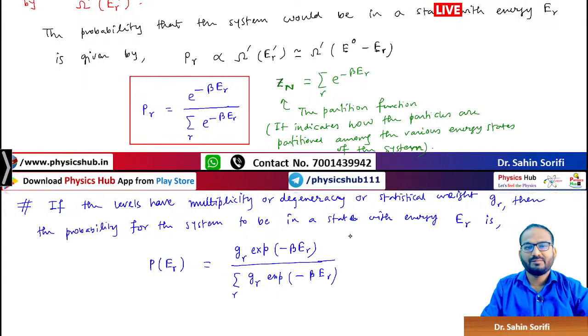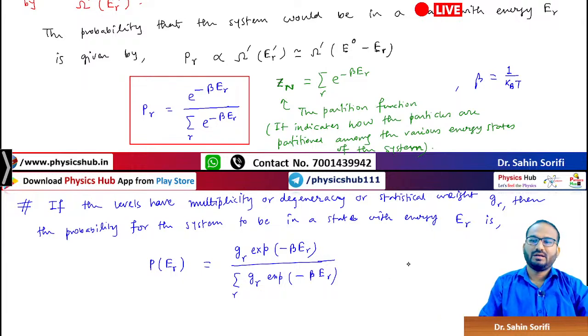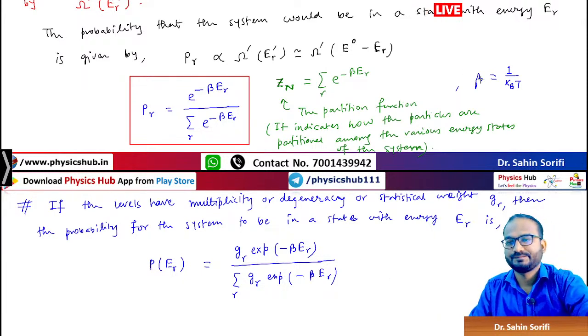We did not define beta. Beta is equal to 1 upon KT. K is the Boltzmann constant, T is the absolute temperature.